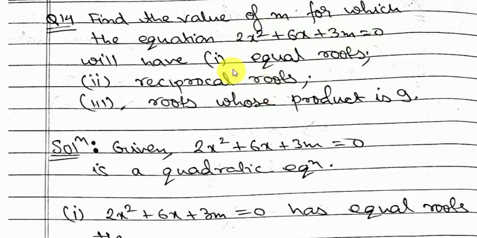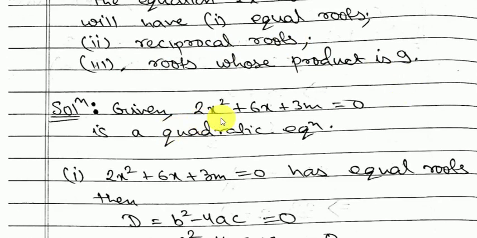Number one, what should be the value of m so that roots are equal? Number two, what should be the value of m so that roots are reciprocal of each other? Number three, what should be the value of m so that the product of the roots is 9?